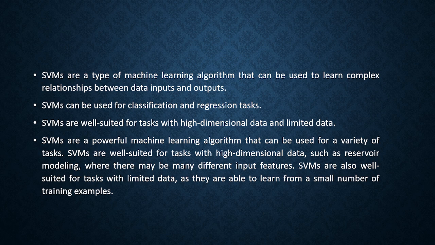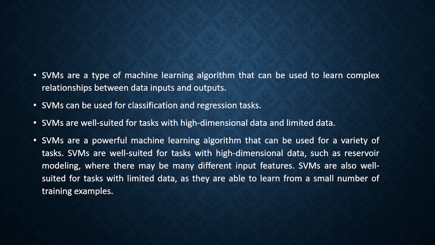We have a number of classifications in reservoir, different types of reservoir, and there it will also be helpful. For regression tasks, we already discussed linear regression and the logistic way of solving the problem. Wherever these regressions are there, SVM can be applicable.